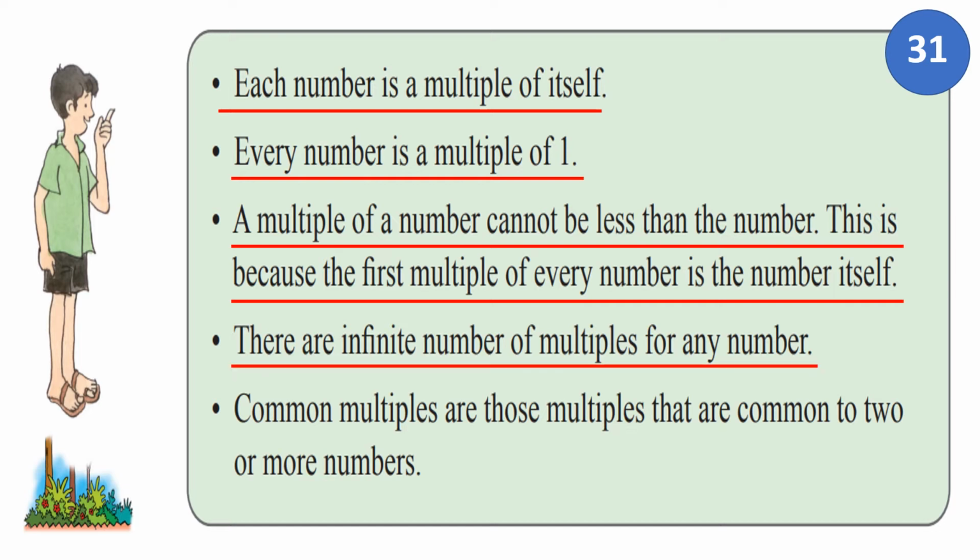There are infinite number of multiples for any number. Common multiples are those multiples that are common to 2 or more numbers.